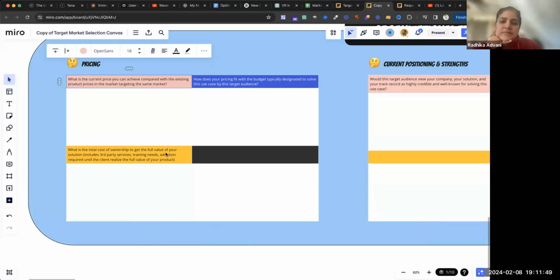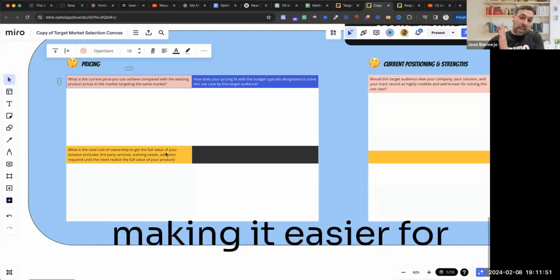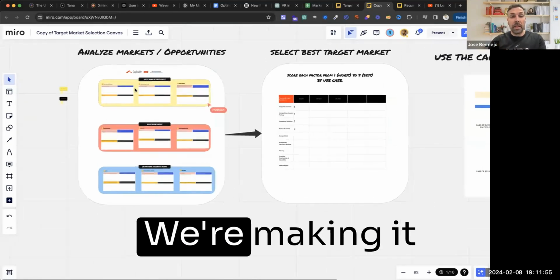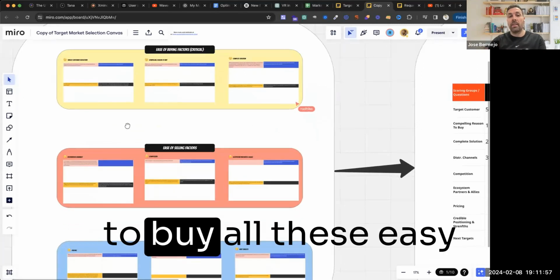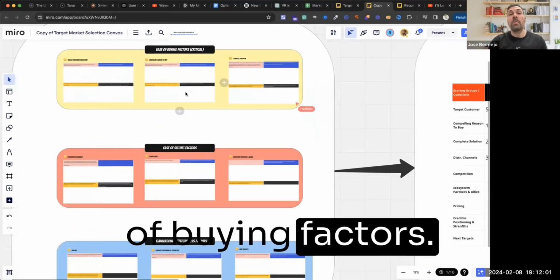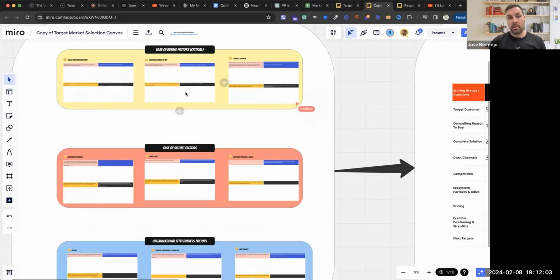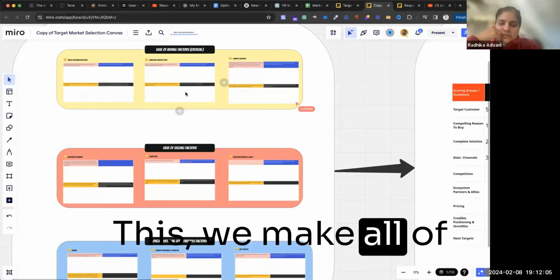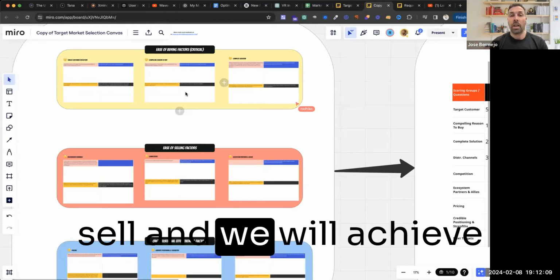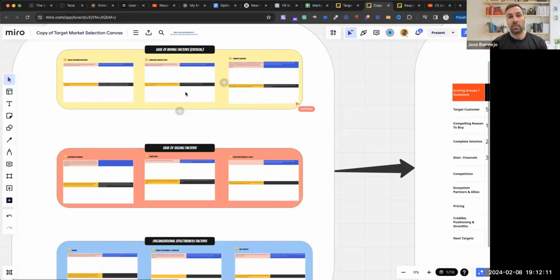Which means we're making it easier for the clients to adopt. We're making it easier for the clients to buy. All these ease of buying factors, we're making them easier. The easier we make all of that, the faster we will sell and we will achieve product market fit.